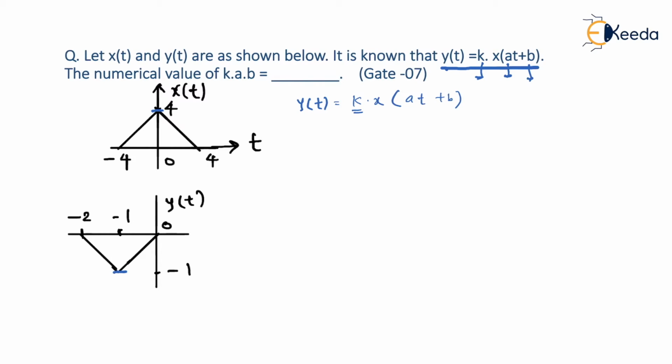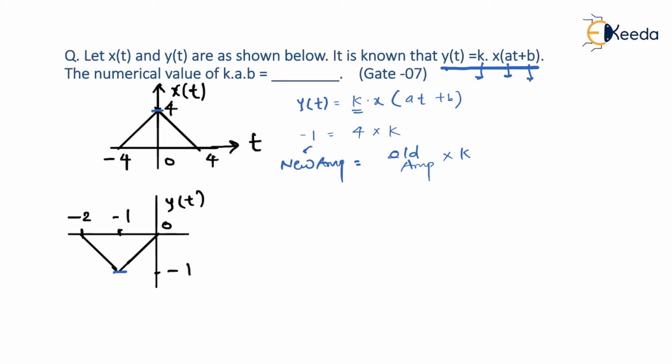So how do we get k? It's very simple. I would write -1, the new amplitude, is equal to the old amplitude, which is 4, multiplied with k. We don't know the value of k. -1 is the new amplitude, which is equal to 4, the old amplitude, multiplied with k.